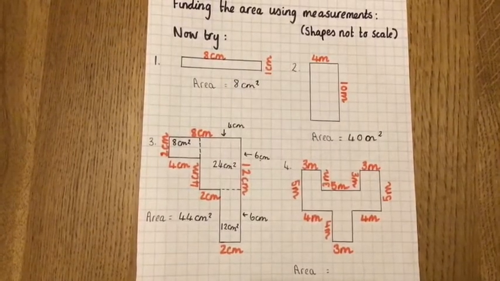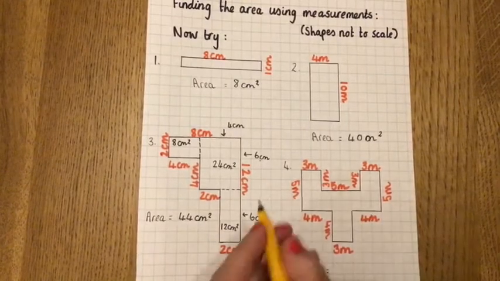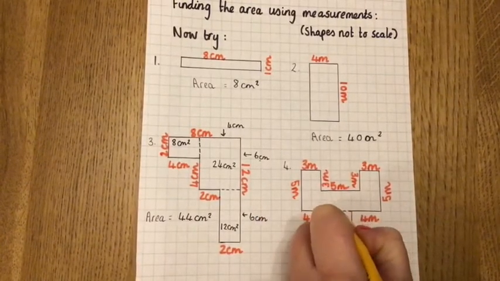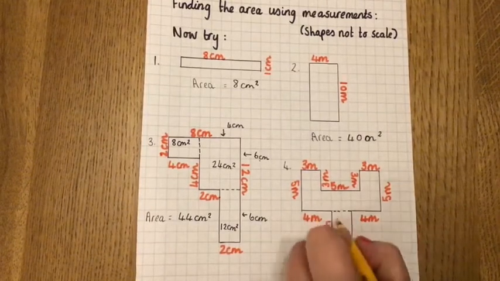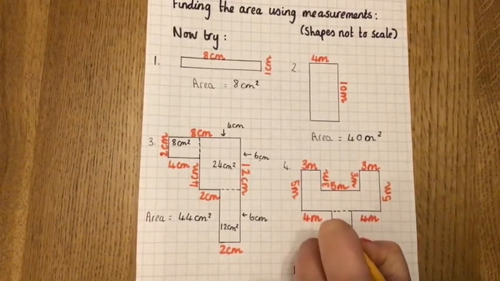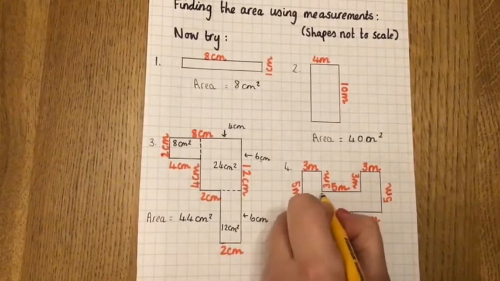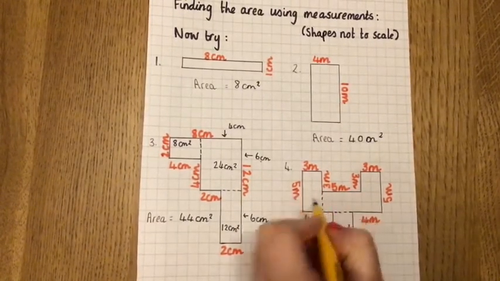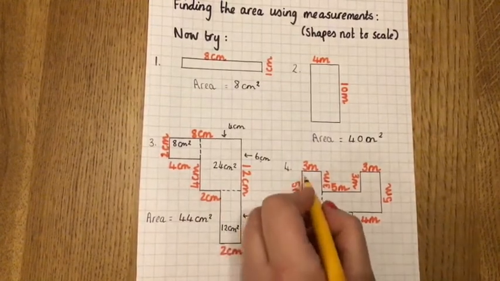Okay, and lastly then, again I've got to split it up into different rectangles. So if I start at this one down here, 4 times 3, that's giving me 12 metres squared this time. This one over here, I know that that's 3 by 5.